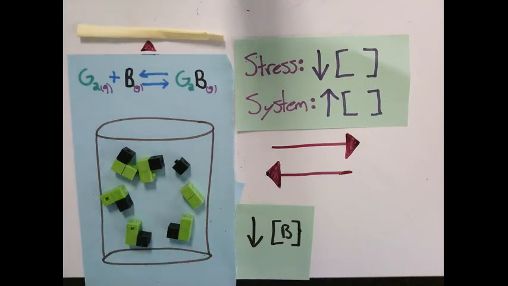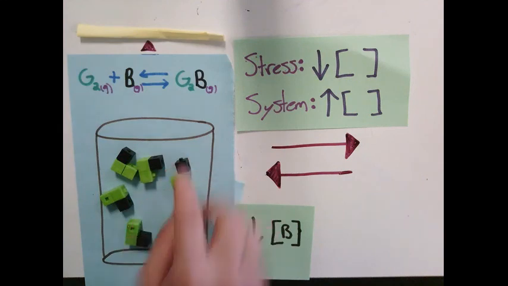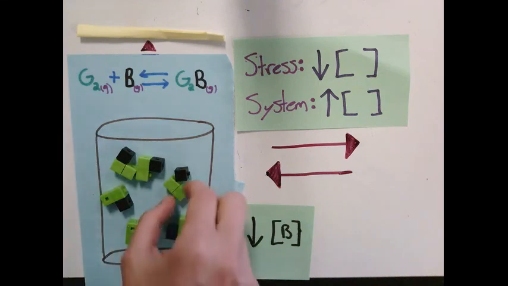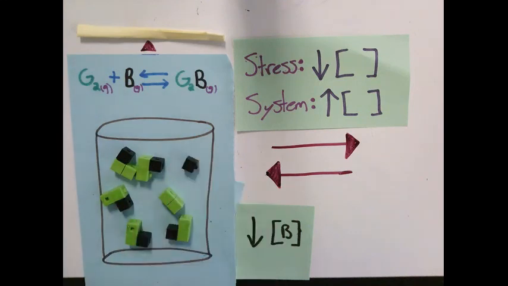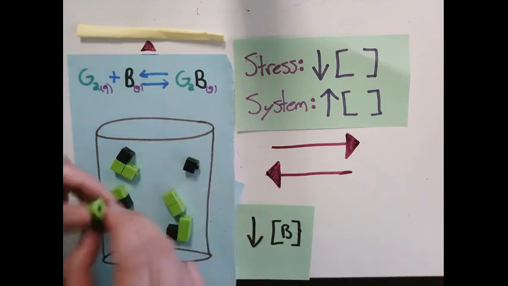How is that going to affect our equilibrium? Now our B's have less chance to collide with our G2s, which means that there is a greater chance that our G2B's may break apart.